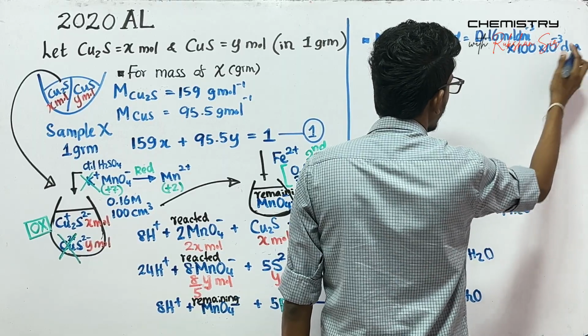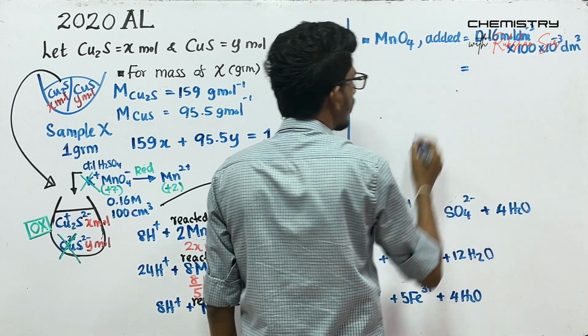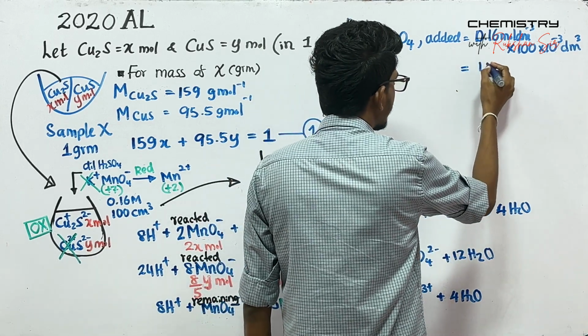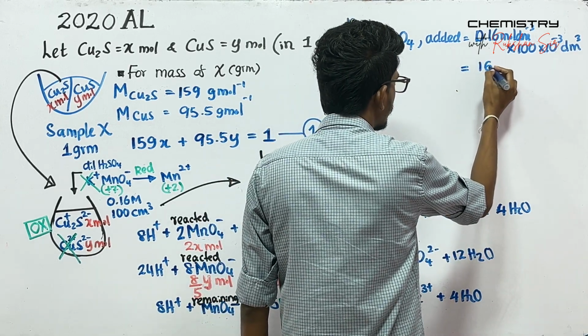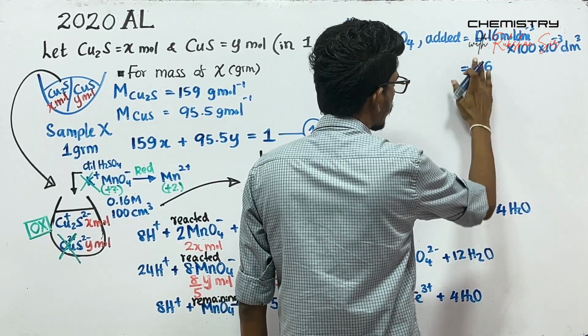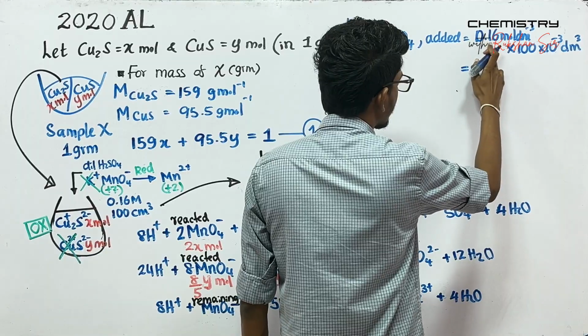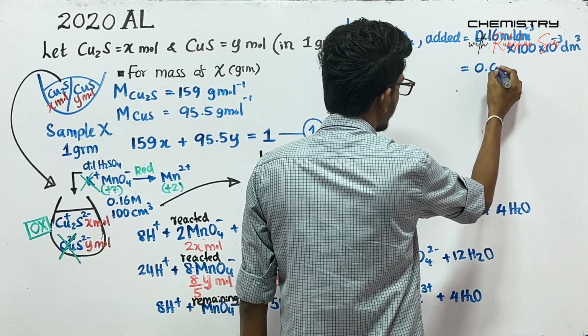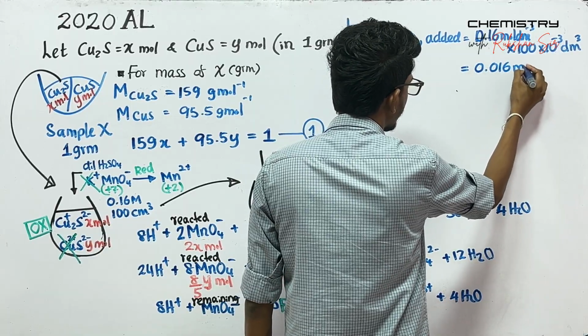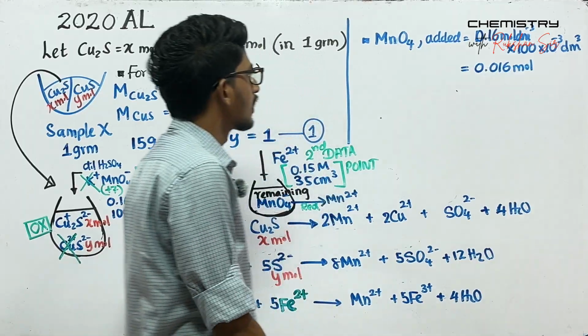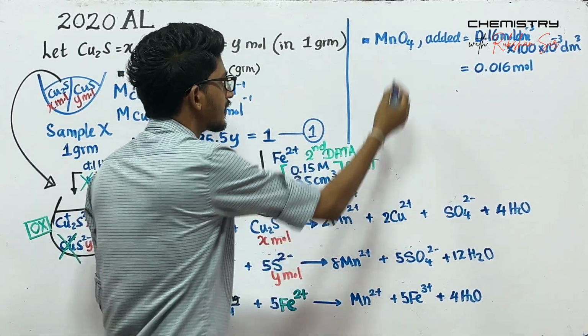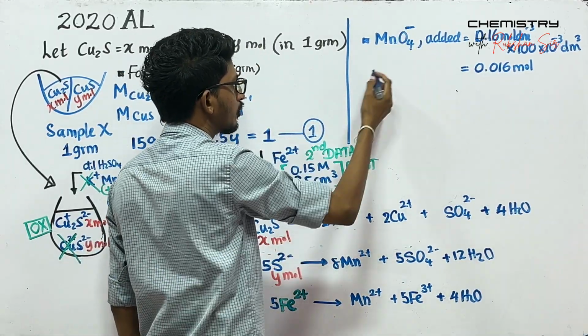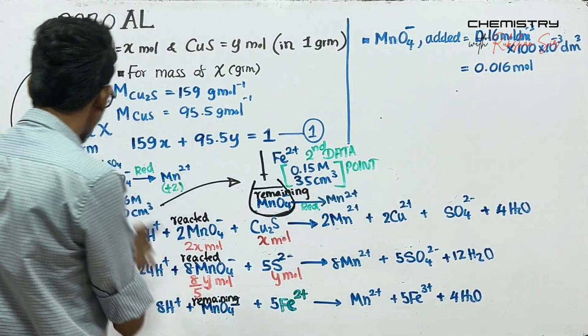That means 100 into 10 to the power minus 3 decimeter cubes. That amount is equal to 16 into 10 to the power minus 3, that is 0.016. That is the total amount of MnO4 minus added at the beginning.